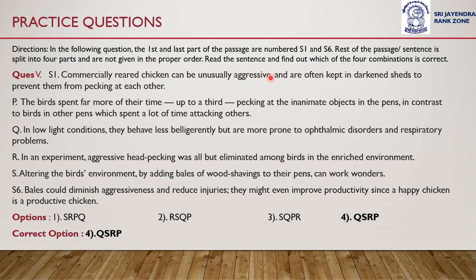Commercially reared chicken can be unusually aggressive and are more often kept in darkened sheds to prevent them from pecking at each other. The birds spent far more of their time, up to a third, pecking at inanimate objects in the pens, in contrast to birds in other pens which spent a lot of time attacking others. In low light conditions, they behave less belligerently but are more prone to ophthalmic disorders and respiratory problems. In an experiment, aggressive headpecking was all but eliminated among birds in the enriched environment.